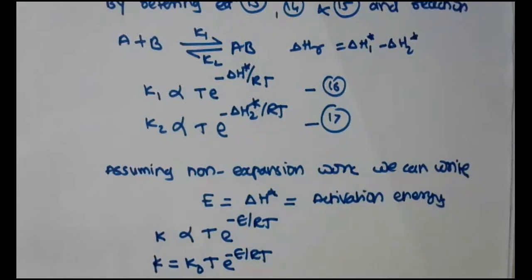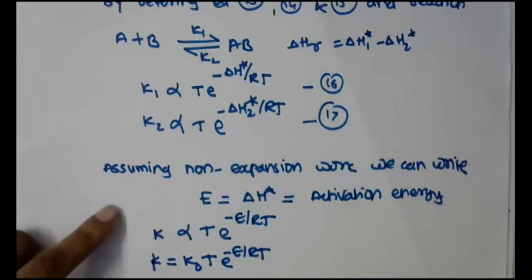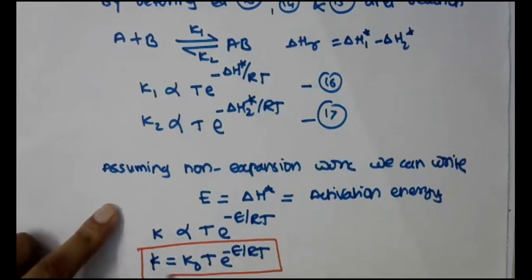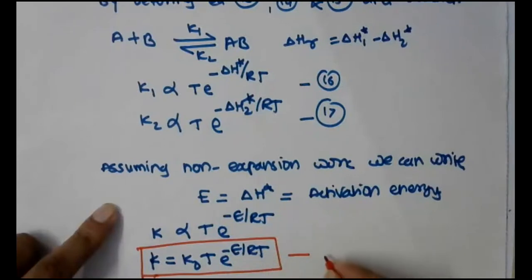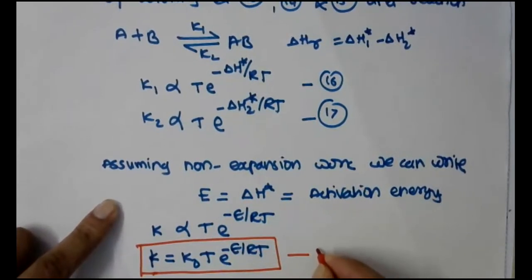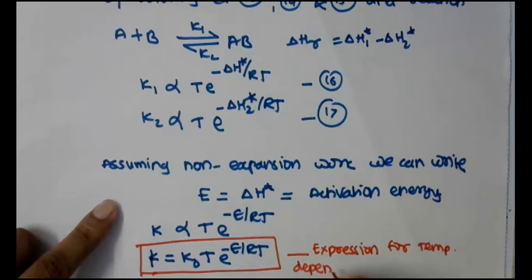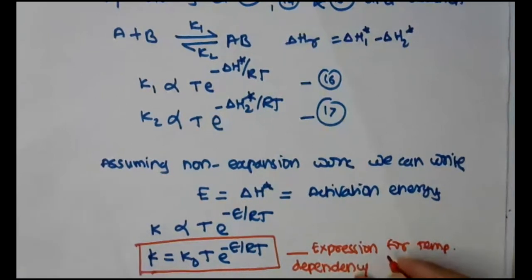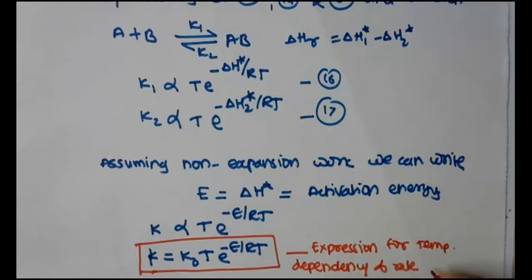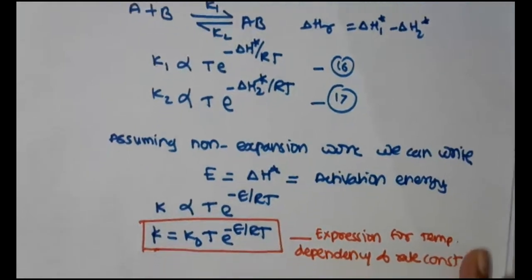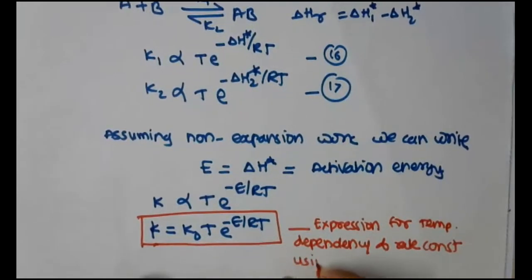So this K is equal to K0 T e raised to minus E by RT is the expression for temperature dependency of rate constant using transition state.